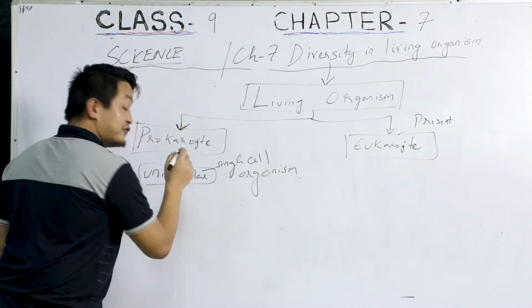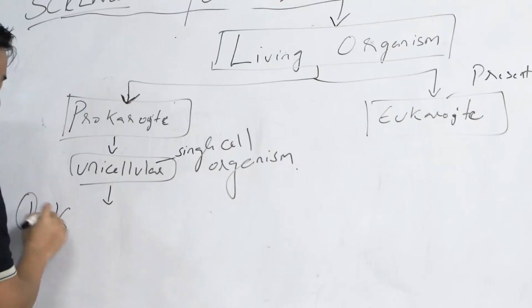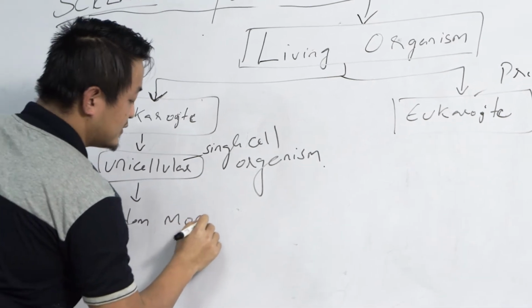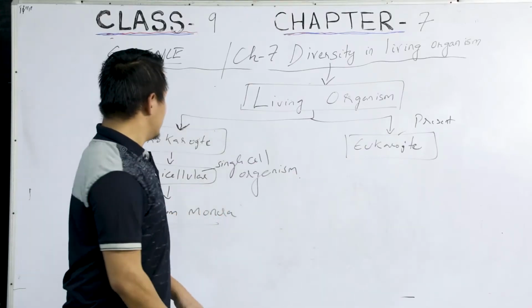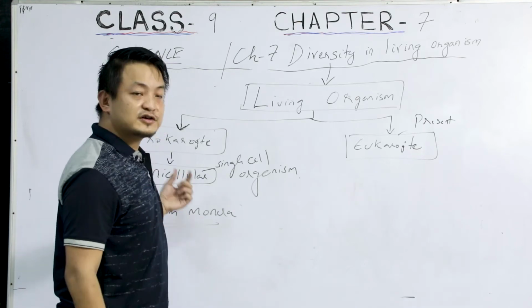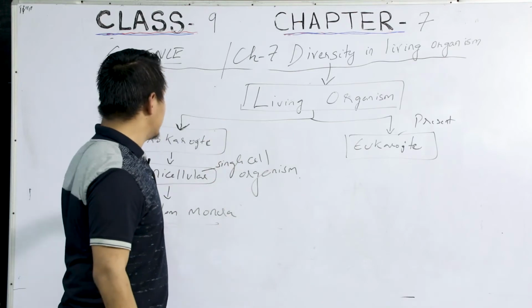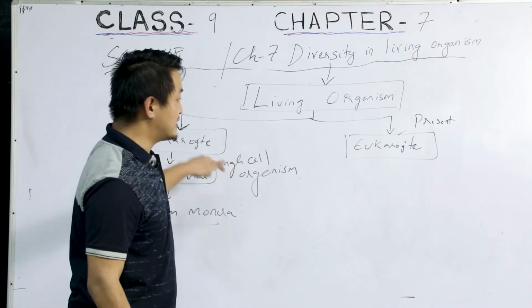So the first kingdom, kingdom Monera, will fall here, okay? Number 1, kingdom Monera will fall in this category. Clear? So kingdom Monera will fall under which category? Under the prokaryote category, okay? And kingdom Monera is a unicellular organism, okay?